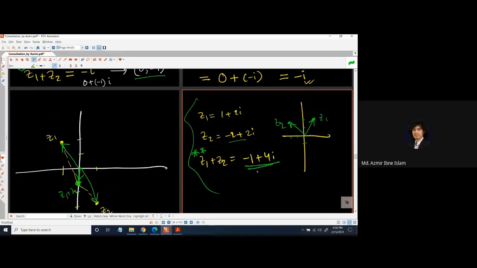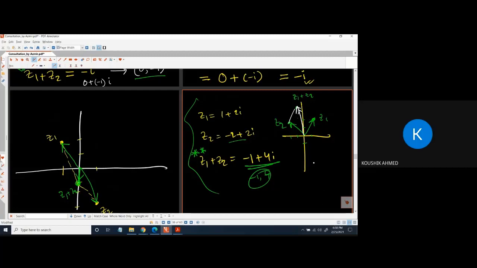So here we are having -1, 4. So this is the addition Z1 plus Z2. Now the main thing that I want to interpret is that addition is a parallelogram geometrically. So that means we can think about a parallelogram. It is just going with this. Do you understand?